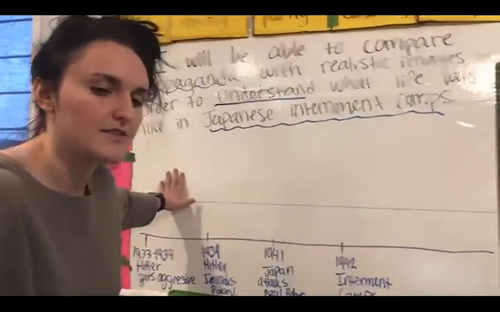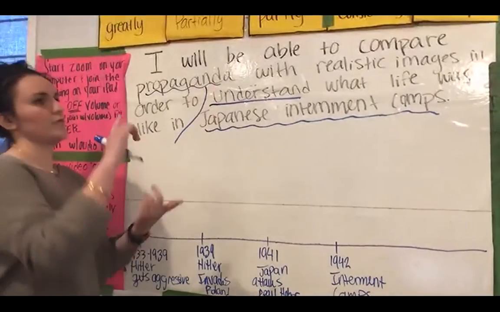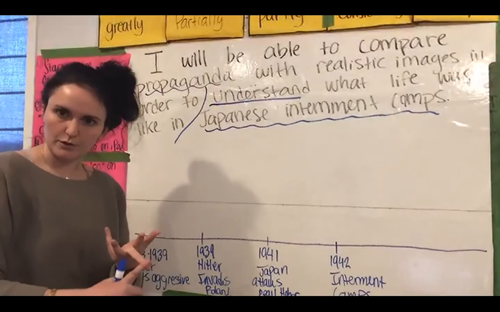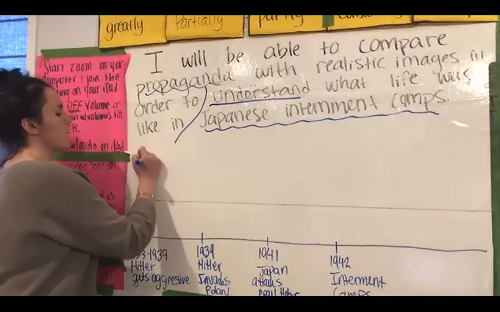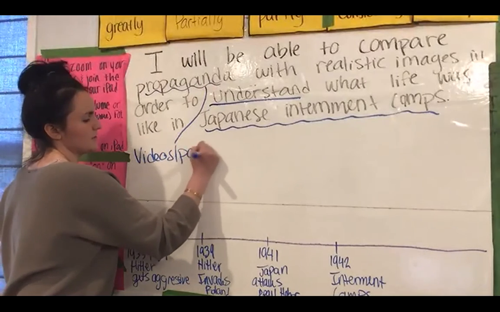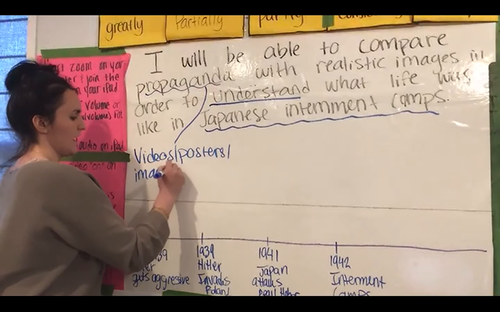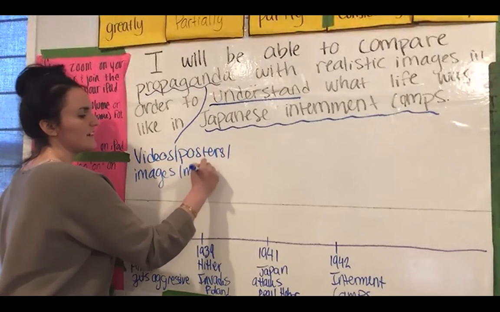past couple of days. So first we've got propaganda. So we know from our study of World War I, we studied World War II propaganda on Monday. Propaganda are any kinds of videos, posters, images, media, any kind of media.